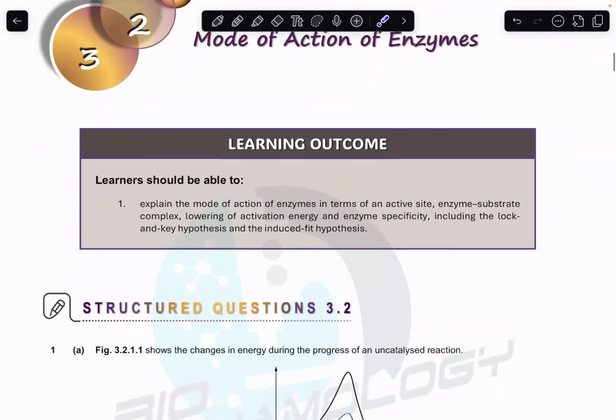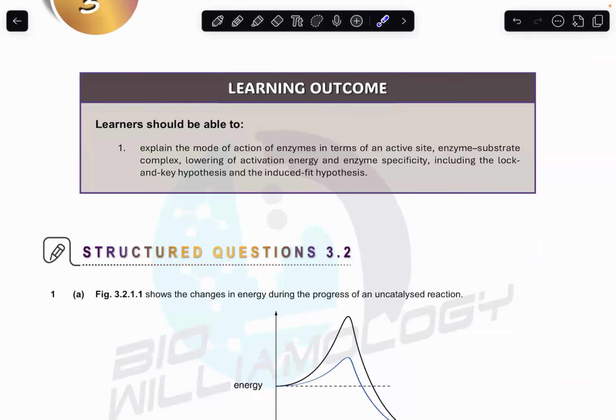The learning outcome for this topic is to explain the mode of action of enzymes in terms of some specific terms that we need to use: active site, enzyme-substrate complex, lowering of activation energy, and enzyme specificity, including the models that describe the mode of action of enzymes, which are the lock and key model, or lock and key hypothesis, as well as the induced fit hypothesis, or induced fit model. So let us start now.